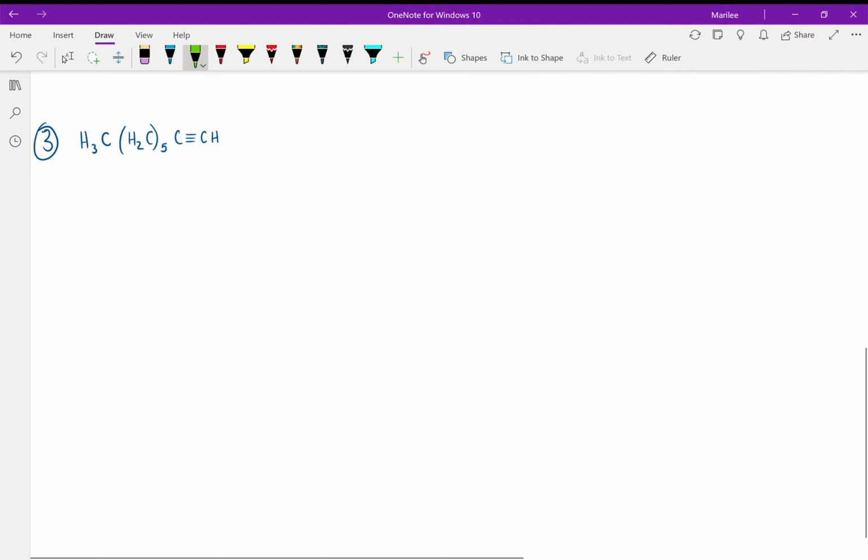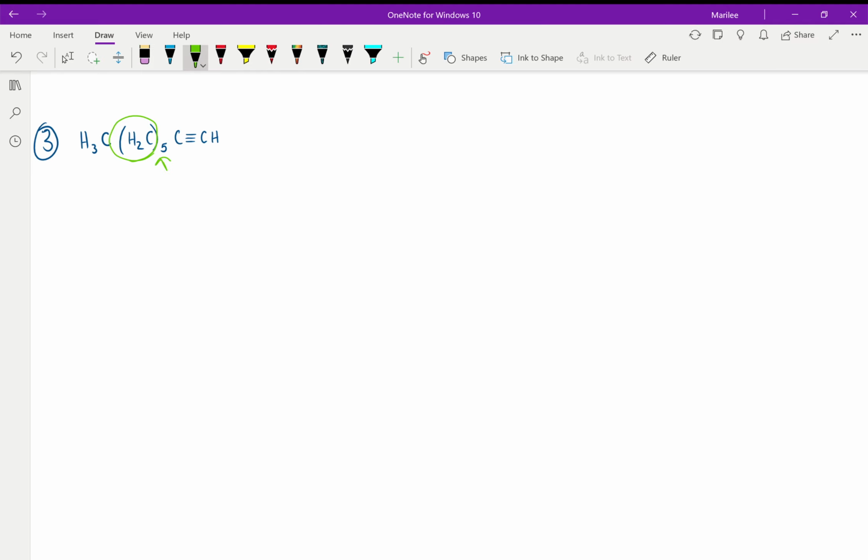This next example here, we have a CH3 group, so H3C is the same thing, bonded to CH2 groups of 5, so we have 5 of these. And then that is bonded to a carbon that's triple bonded to another carbon.